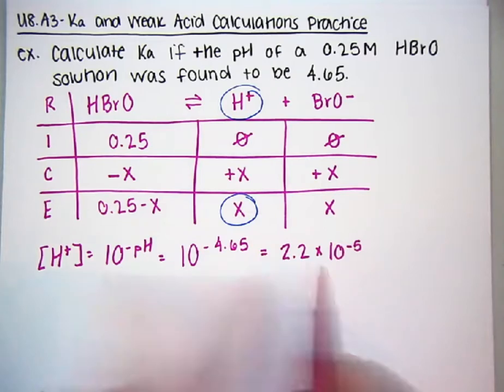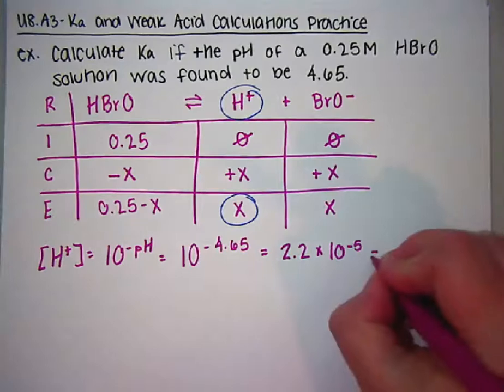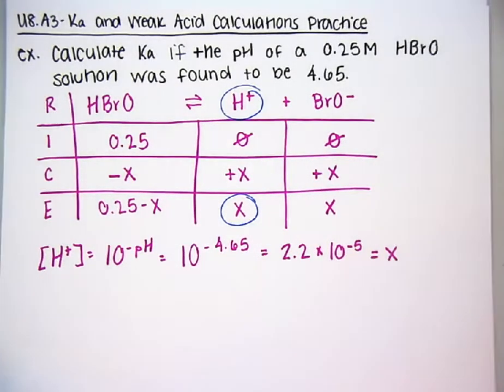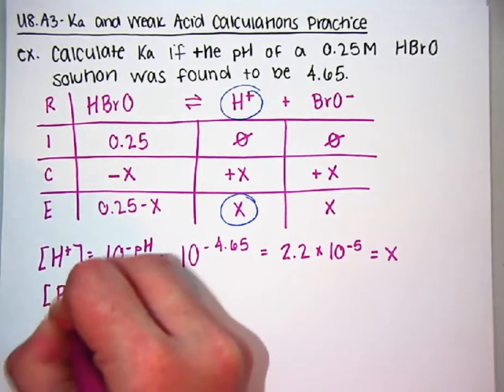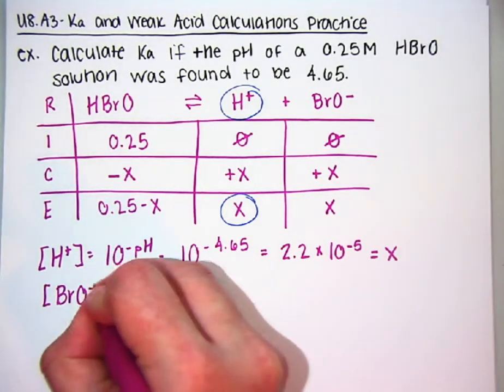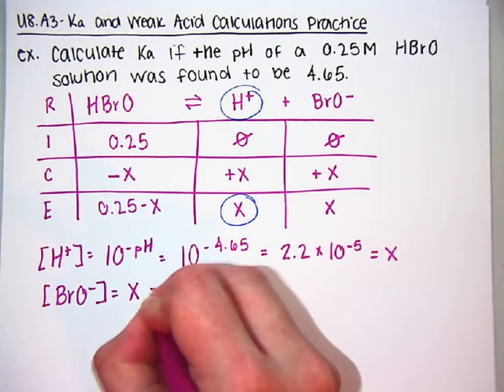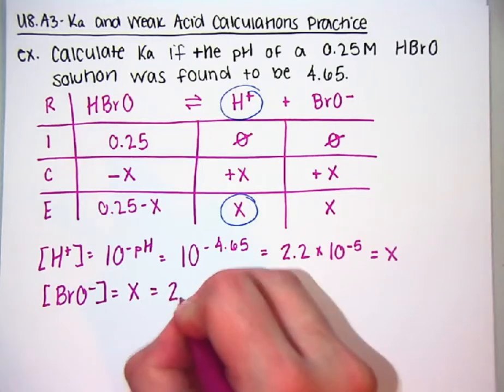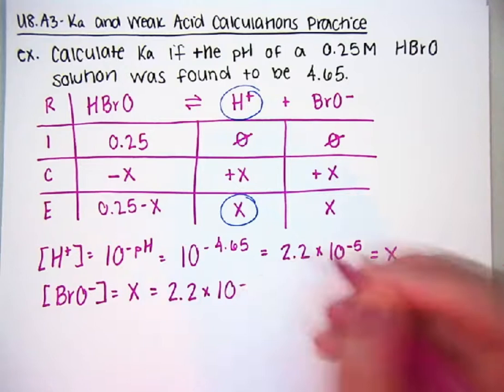So this is equal to the concentration of H plus, which is also equal to X. The concentration of BrO minus is also equal to X, so its concentration is also 2.2 times 10 to the negative 5th.